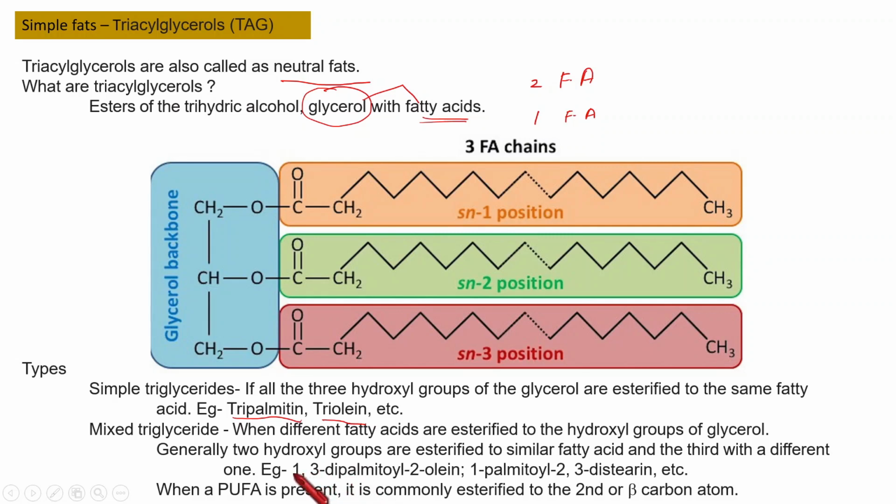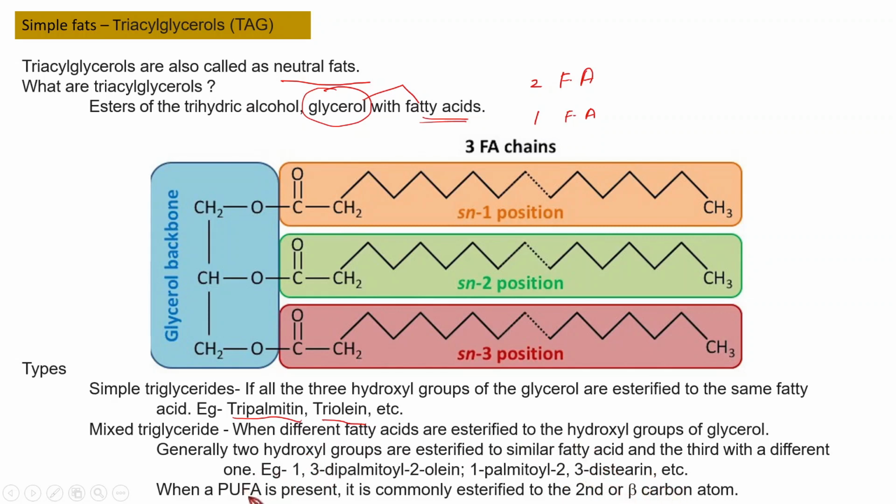In this example, the first carbon and third carbon are attached with palmitoyl, and the second carbon is attached to olein. And in this one, the first is connected with which type of fatty acid? Palmitoyl. And the second and third hydroxyl groups are attached with stearin.